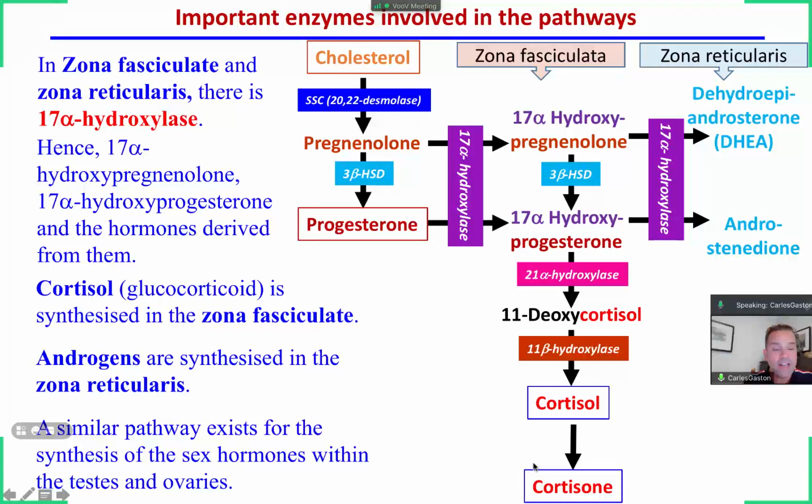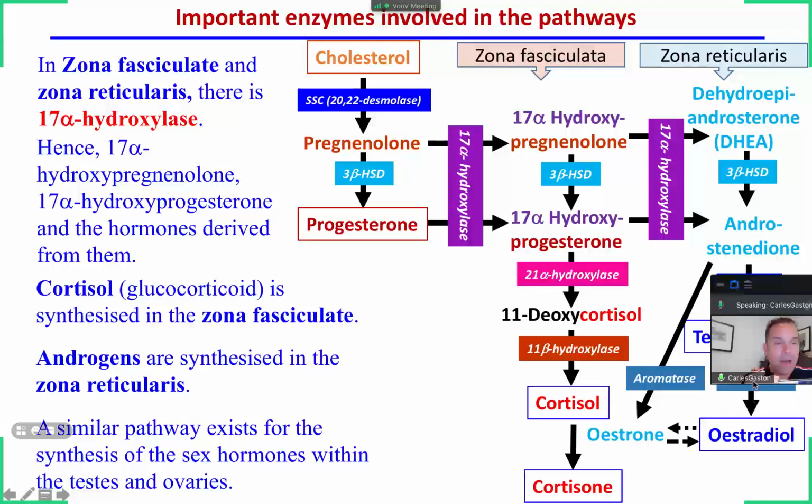As we will study in tomorrow's lecture, cortisol and cortisone are very important in mediating anti-inflammatory reactions in the body. That's why cortisone creams are used when there is eczema or inflammatory conditions.